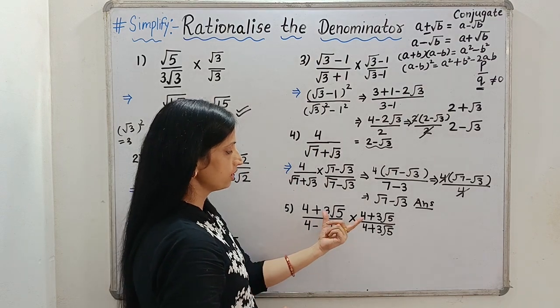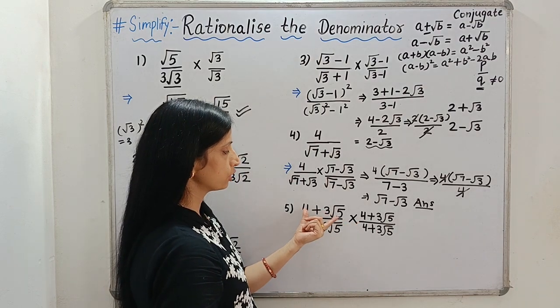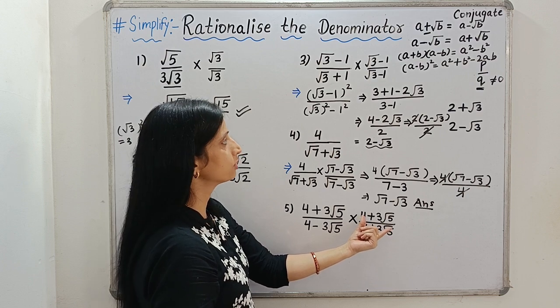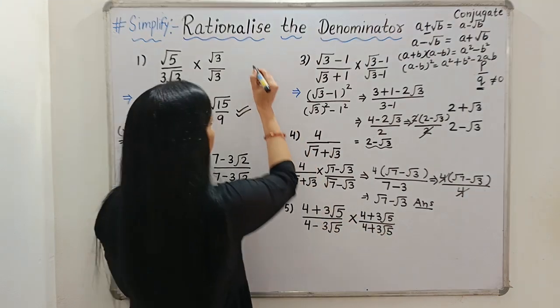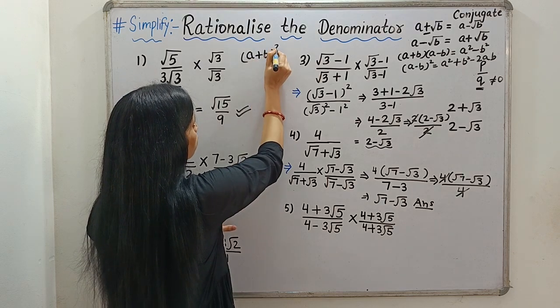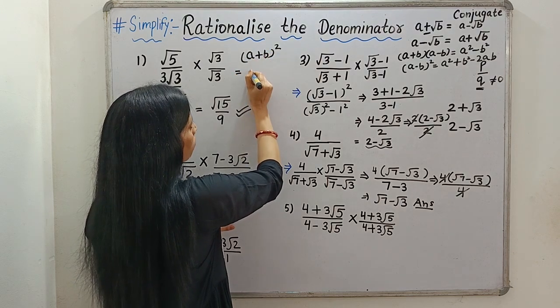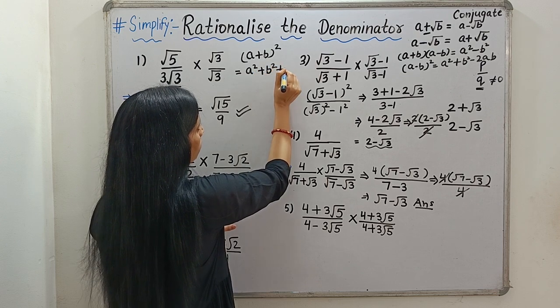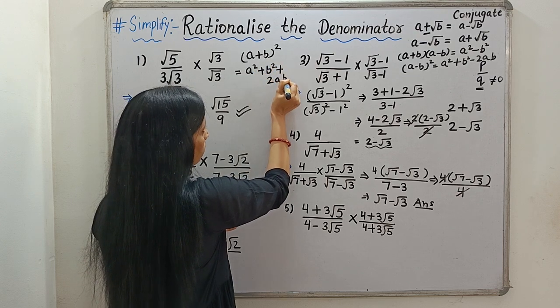Now you can see in the numerator it has become a plus b multiplied by a plus b. So it has become the identity a plus b whole square. What will we get after opening it? A square plus b square plus 2ab.